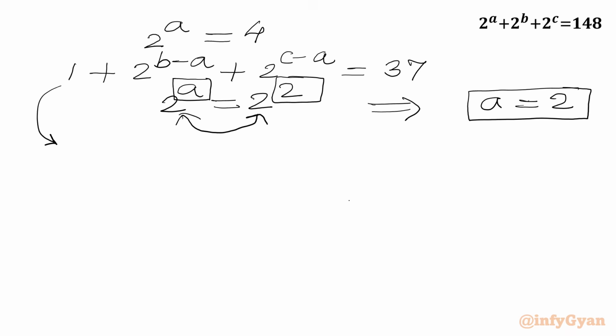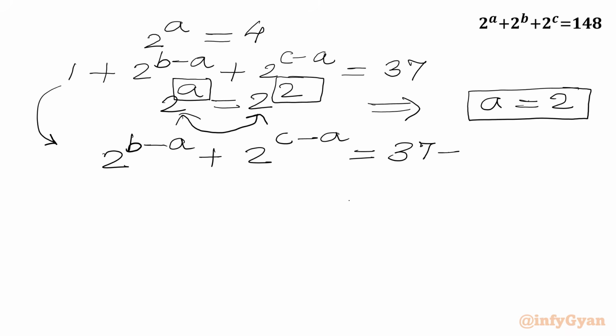Now our second equation is 1 plus 2 power b minus a plus 2 power c minus a equal to 37. We'll subtract 1 from both the sides and write 2 power b minus a plus 2 power c minus a equal to 37 minus 1, which is equal to 36. Now we have a value 2, which we are going to apply here.